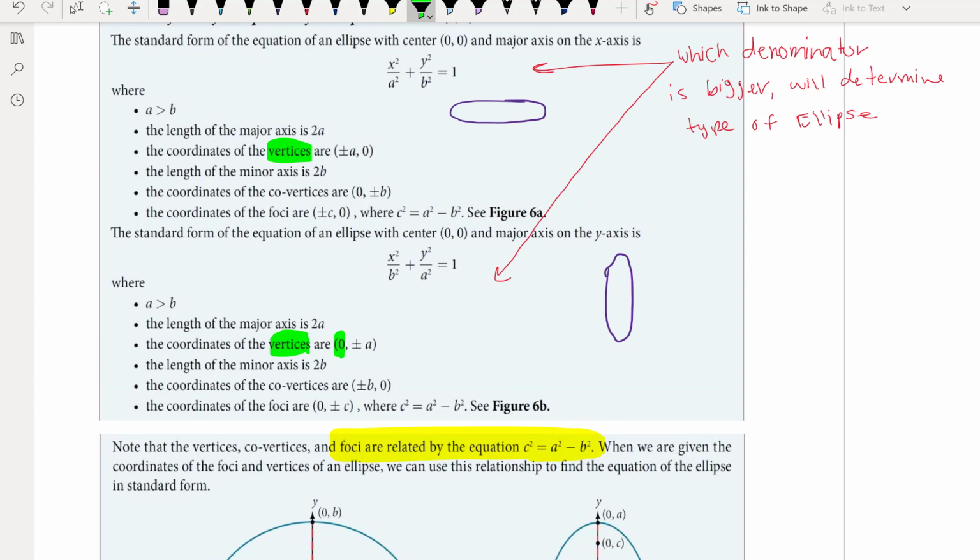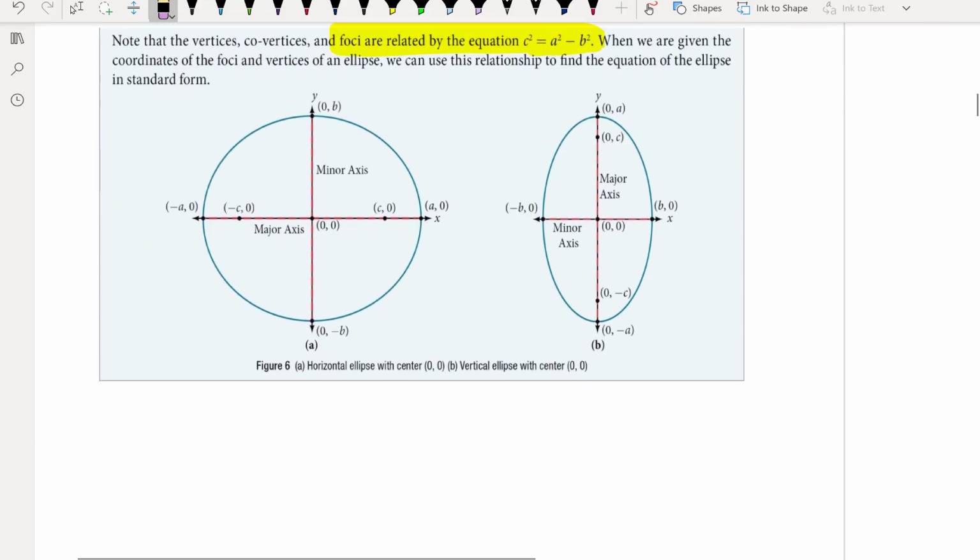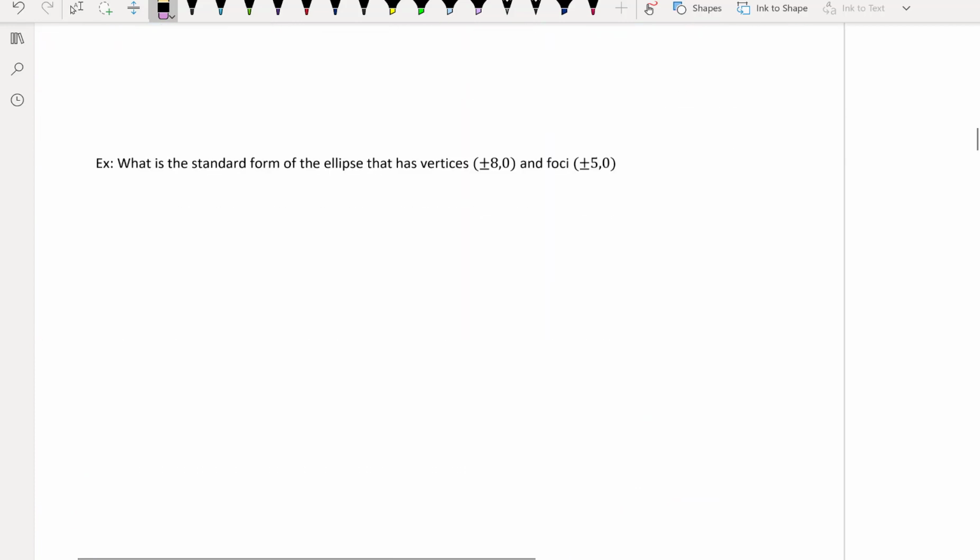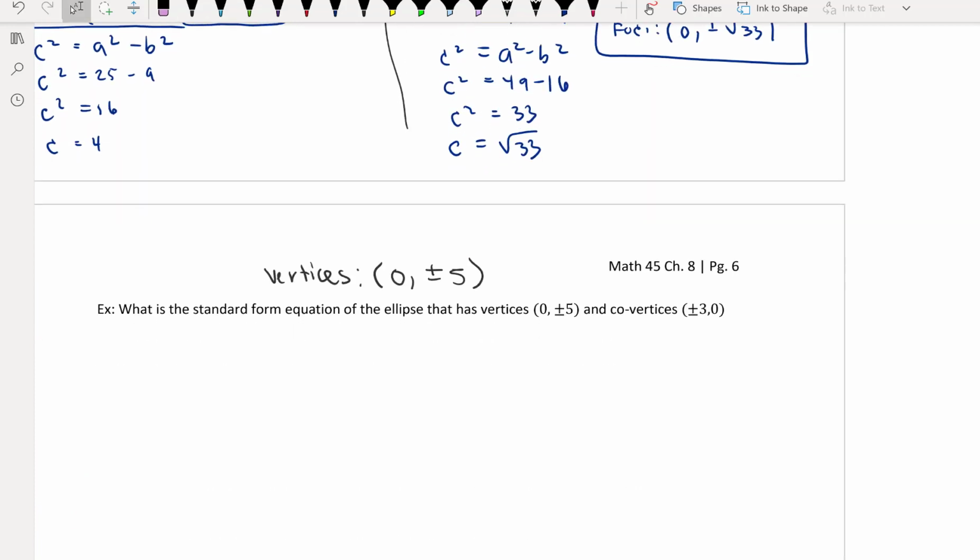So I'm looking at this type of equation for this problem. So I know that I'm going to have plus or minus a, and it's going to be going along the vertical axis. So now I know that my a value is equal to 5.